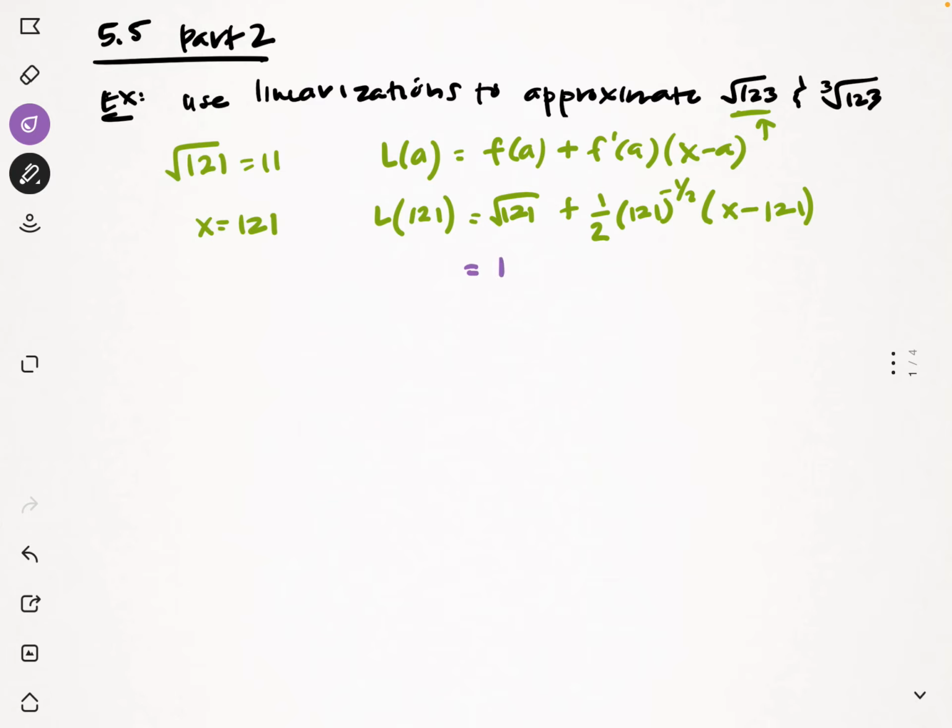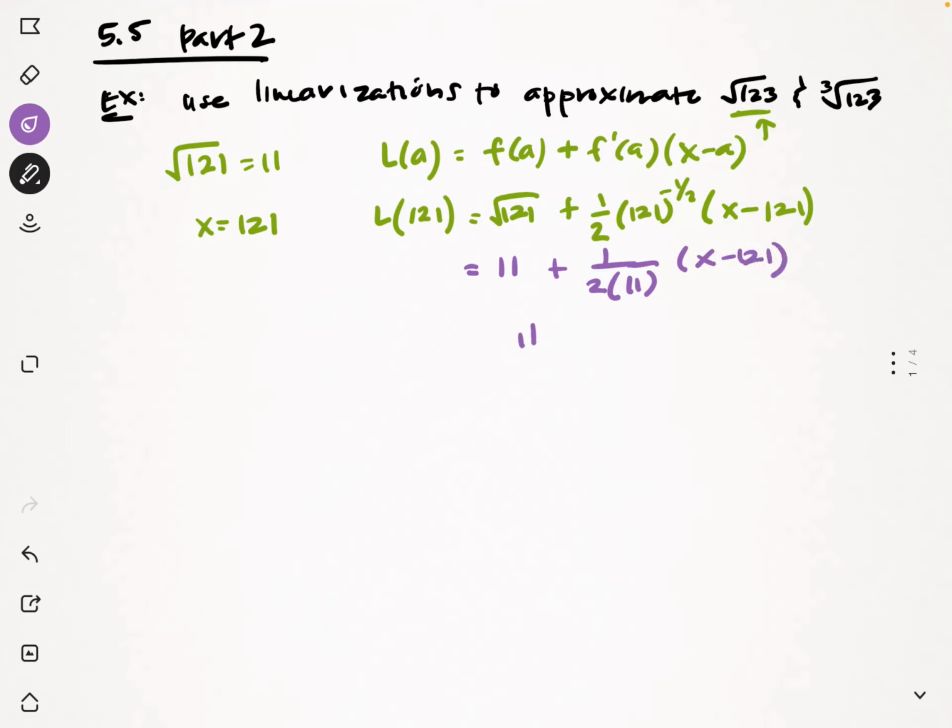This is going to be 11 plus 1 over 2, and then the negative 1 half is the square root of 121, and the negative sign means it's the reciprocal. So the square root of 121 is 11, and we're going to put that in the denominator because of the negative sign. Then we have x minus 121.